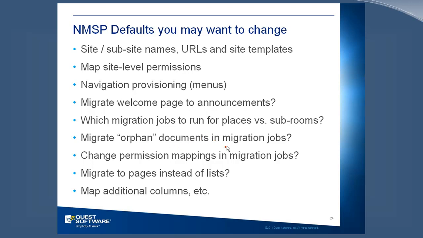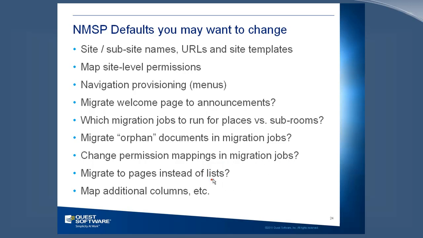You might change the permission mappings in the individual migration jobs. So for example, if you're doing mapping of the ACLs at the site level, you probably want to turn it off at the individual list level. And so you could do that here. You can also turn on document level permissions here if you want that. And you might really change things completely.